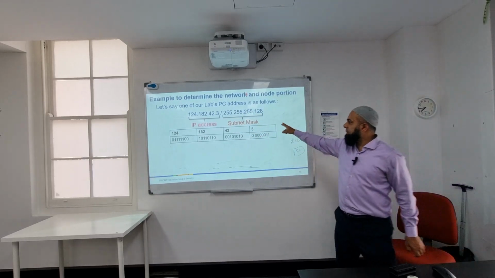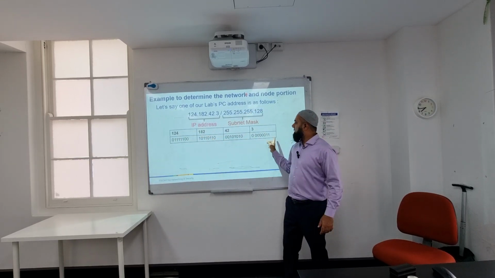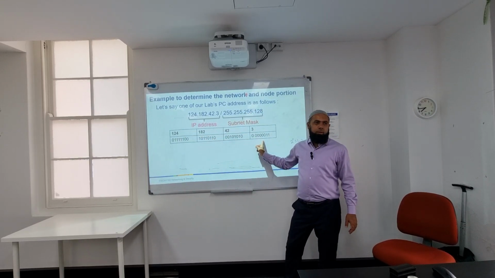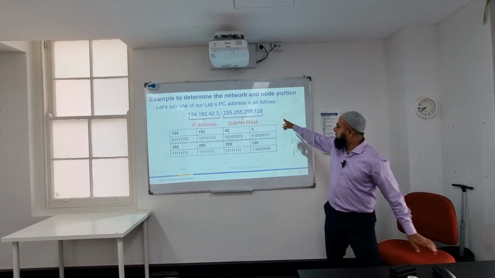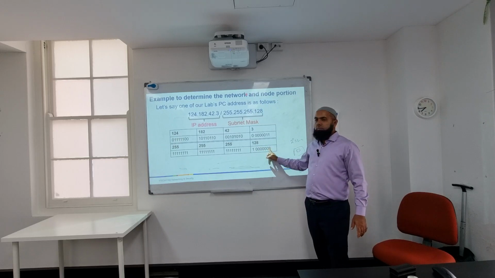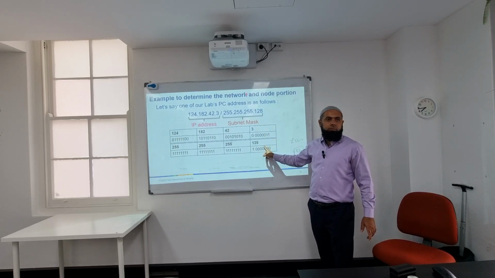So this is your IP address. The IP address in binary conversion is like this. Clear? And this is your subnet mask address.